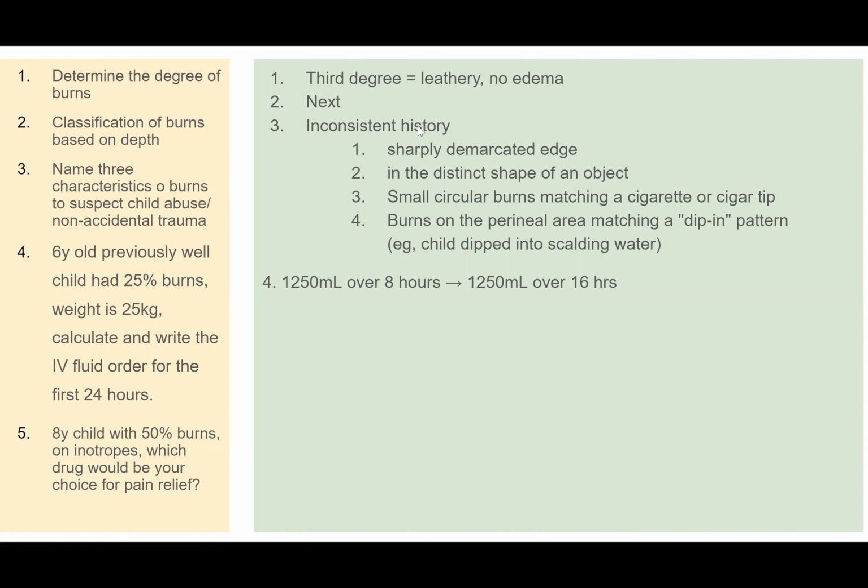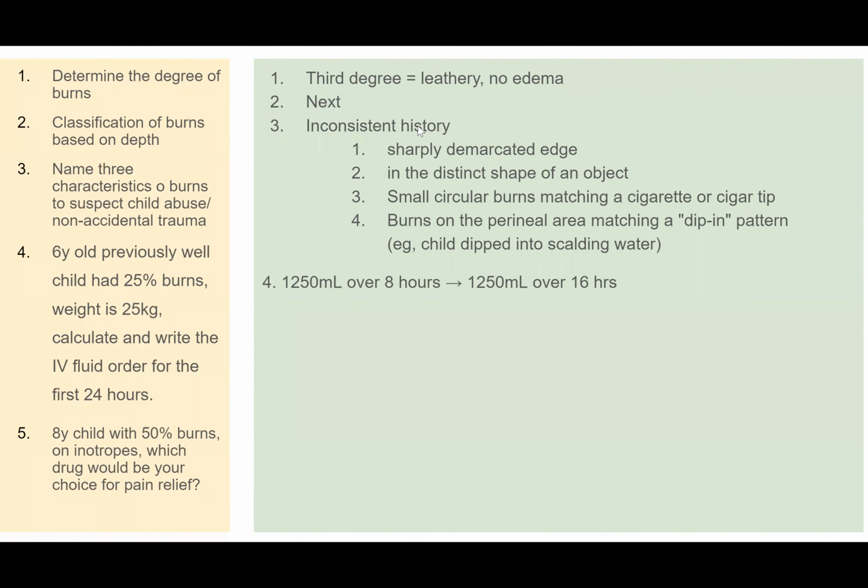Now, 3 characteristics where we will suspect child abuse or non-accidental trauma. One thing in history is inconsistent history. They will be telling the child got burned from the front and there will be burns on the back side, where it is not physically possible for the accident to cause the burn.